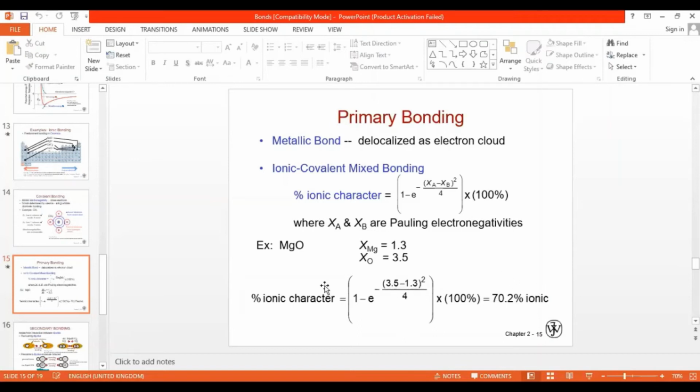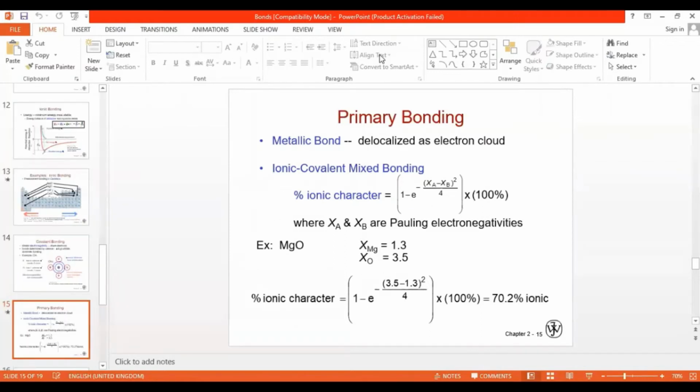So for MgO, (3.5 minus 1.3) whole squared upon 4, if you take your calculator and compute, that will give 70.2% ionic. So this is the ionic character of MgO. This is how we find the ionic character by this formula: substitute the two Pauling electronegativity values, then you will find how much it is ionic. So MgO is 70.2% ionic.